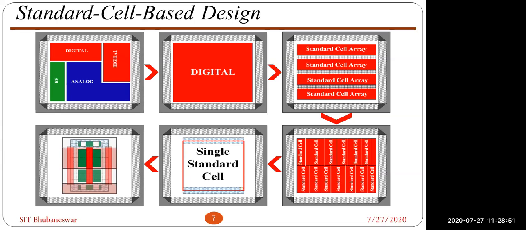One standard cell array is a two-row arrangement of standard cells. In this way we can make a standard cell array. And the next picture is a single standard cell, so from this array we pick one standard cell.